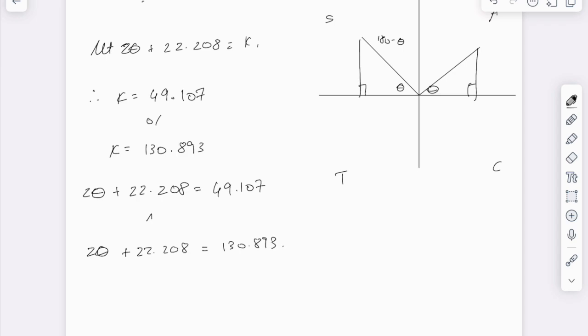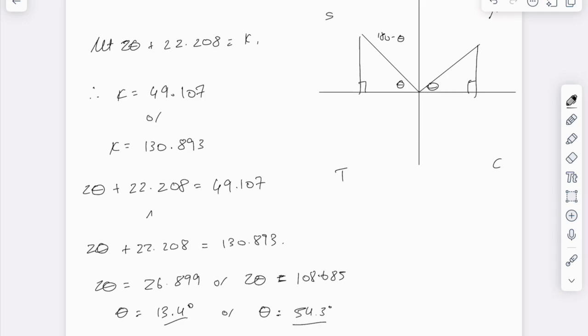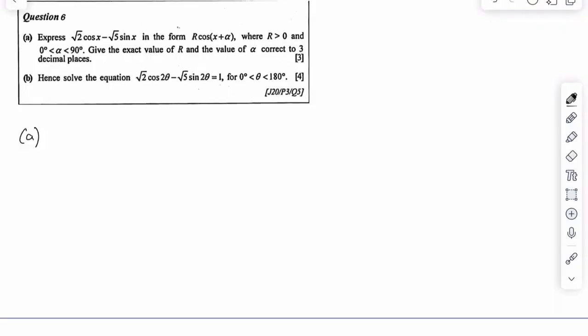Okay, which means that 2 theta is going to equal 26.899, or 2 theta is going to equal 108.685, which means that theta is going to equal 13.4 degrees, or theta is going to equal 54.3 degrees.